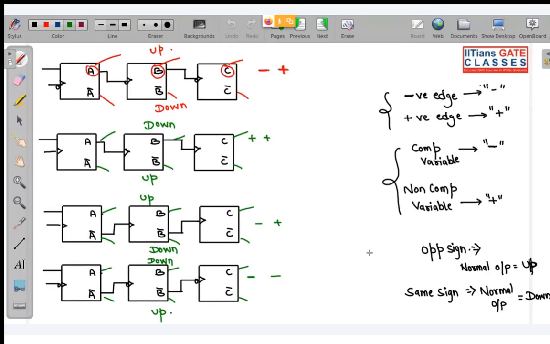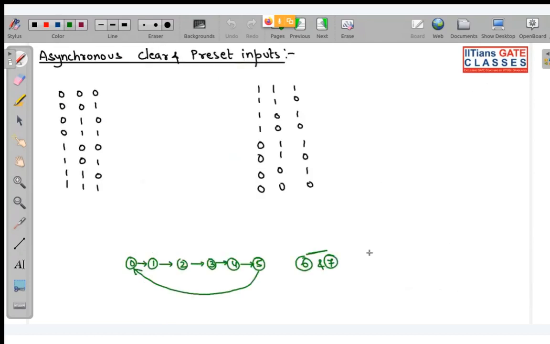So this will be the last topic for today, active clear and active preset. Now you can see, suppose I don't want these counts, my sequence should have only this.